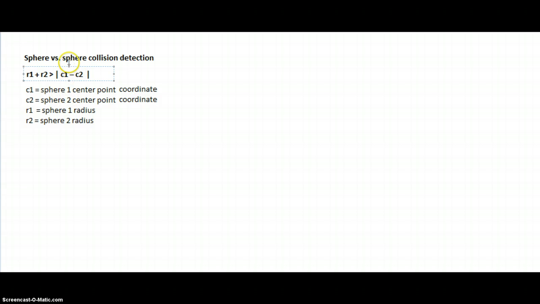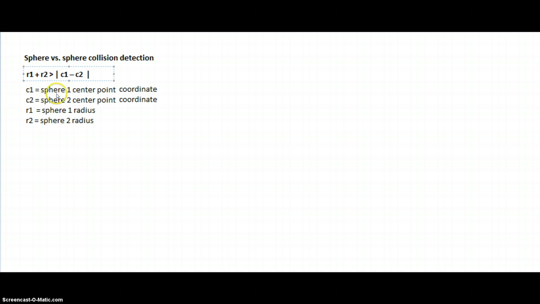The calculation happens by adding these two radii, and the sum must be greater than the length of the difference of these two coordinates, which is calculated using the Pythagorean theorem.